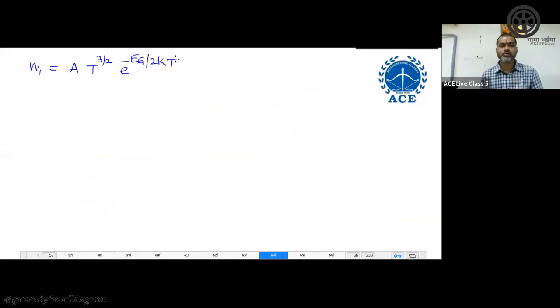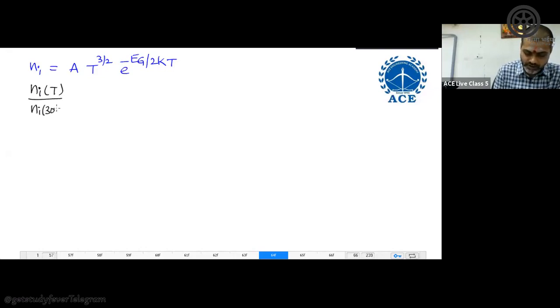Now suppose I know the intrinsic carrier concentration at 300 Kelvin, and I want Ni at a particular temperature T. For the numerator you put T, and for the denominator 300, and take the ratio.